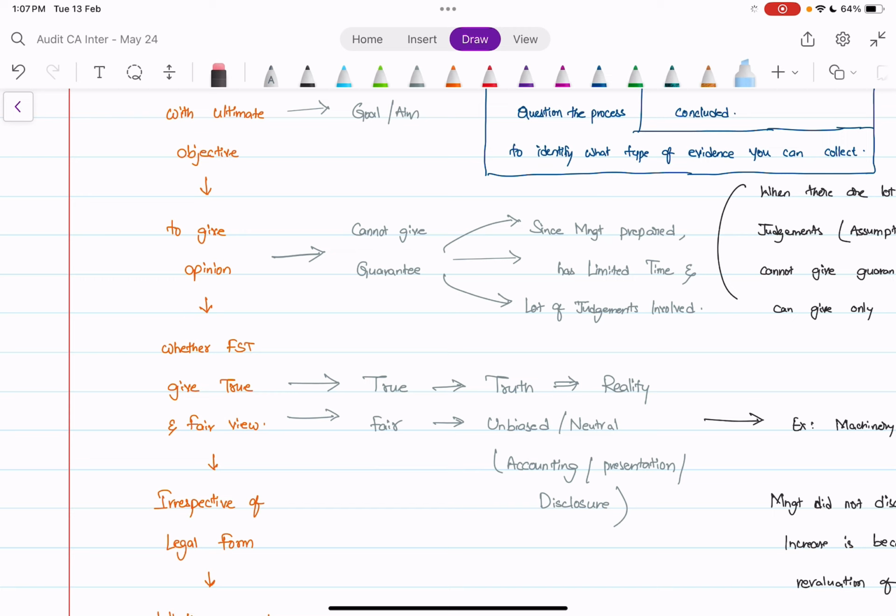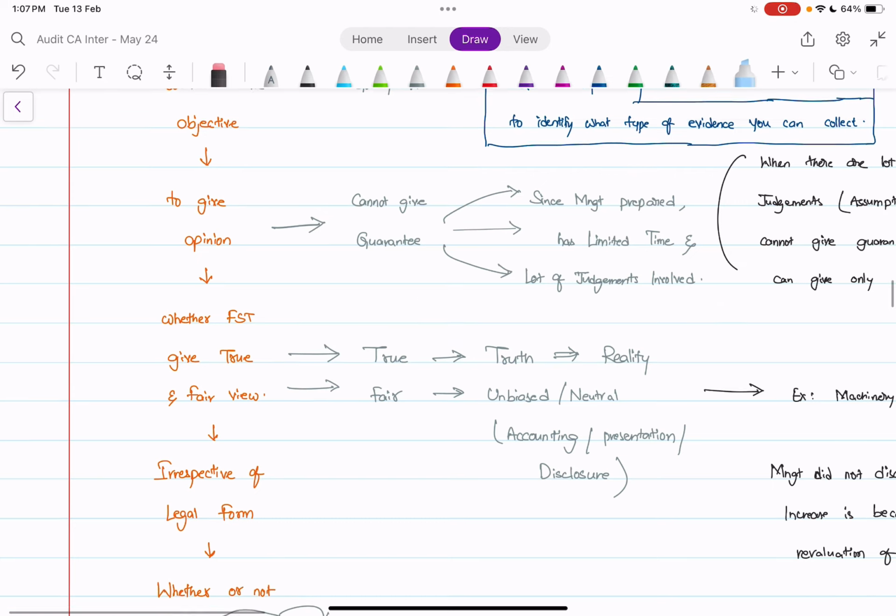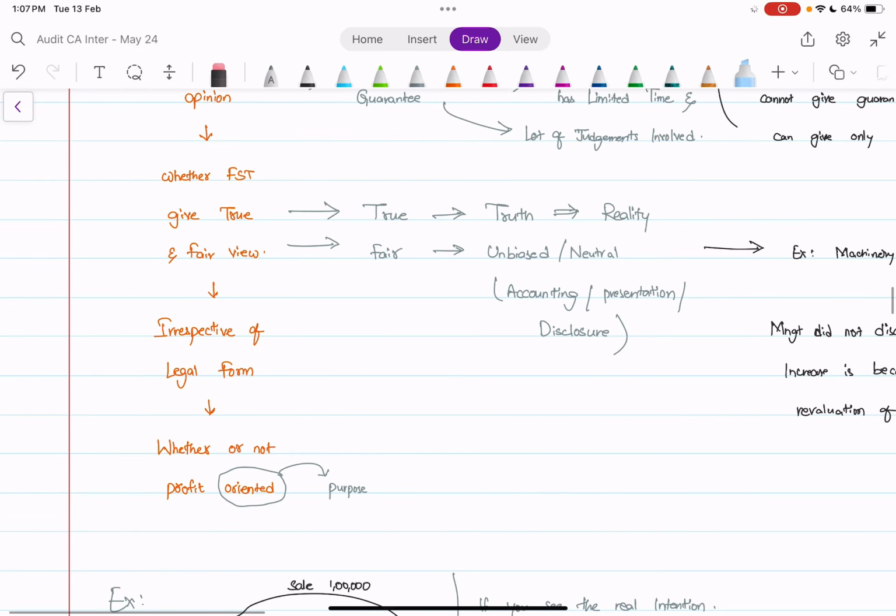The auditor gives an opinion on financial statements, whether they represent a true and fair view of the transactions, irrespective of legal form. The objective of an auditor doesn't change based on the legal form of the organization. It might be a partnership, sole proprietorship, LLP or company, whatever it may be.